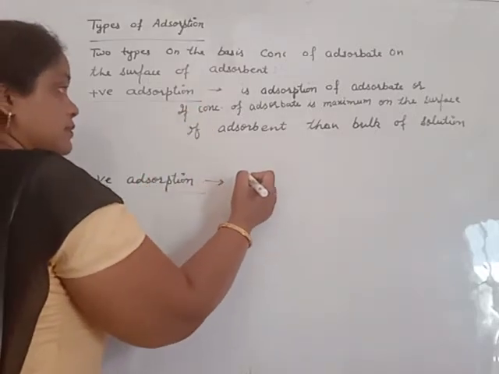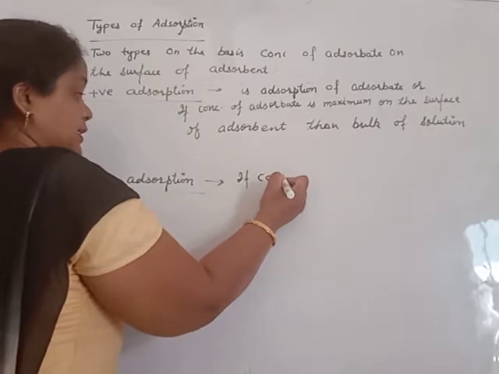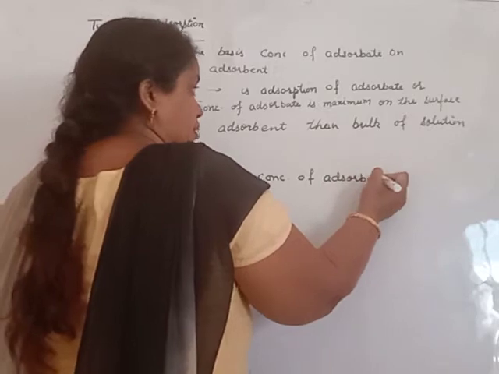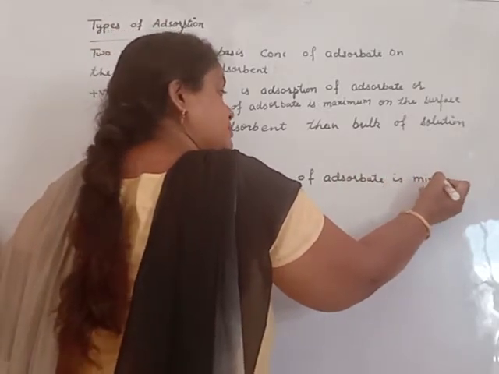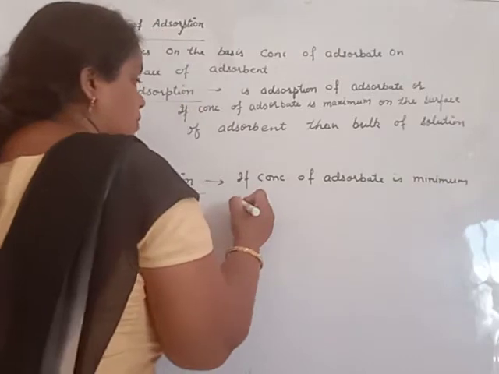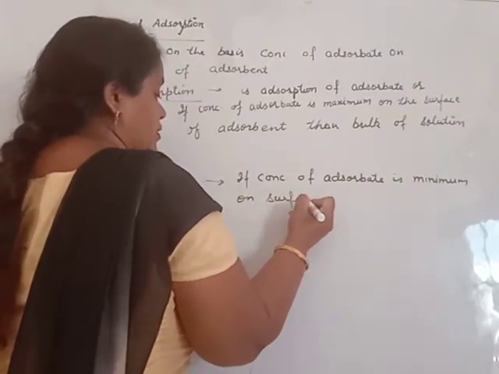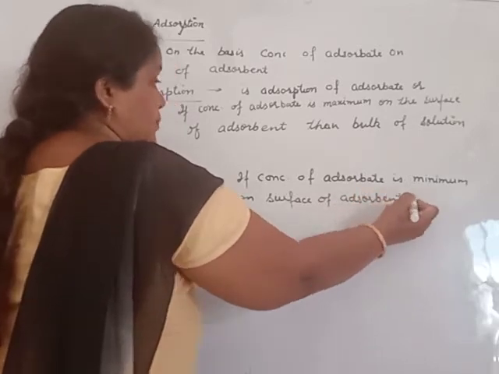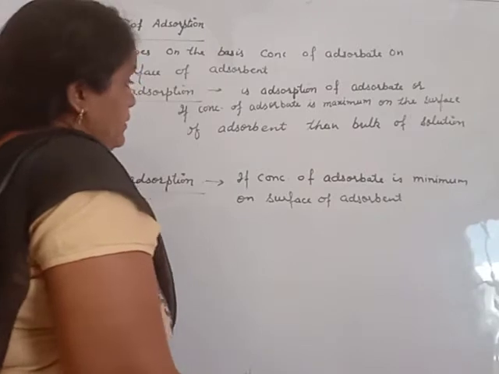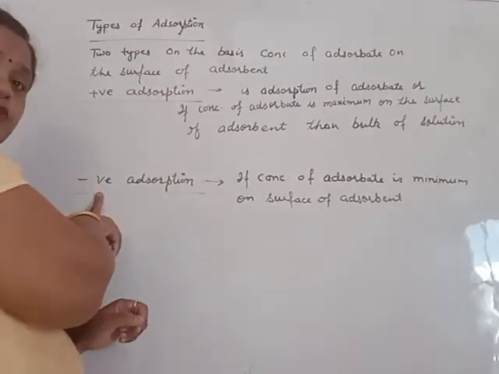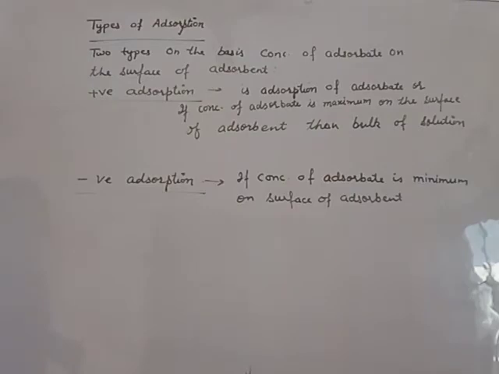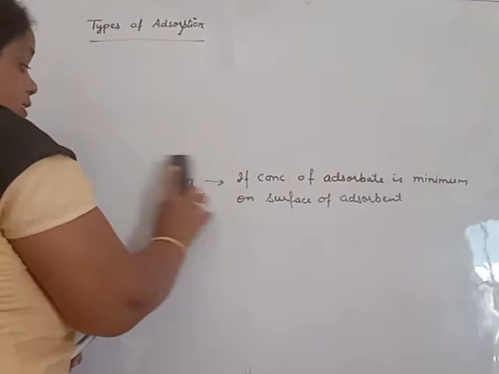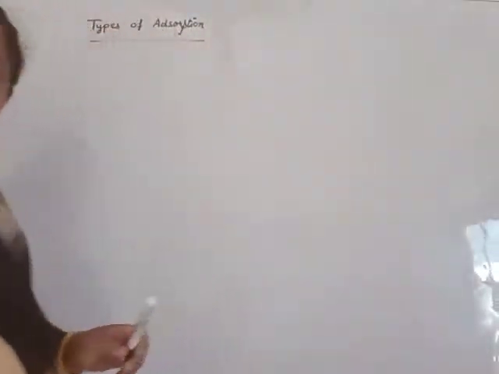That means if concentration of adsorbate is minimum on the surface of adsorbent, is known as negative adsorption.